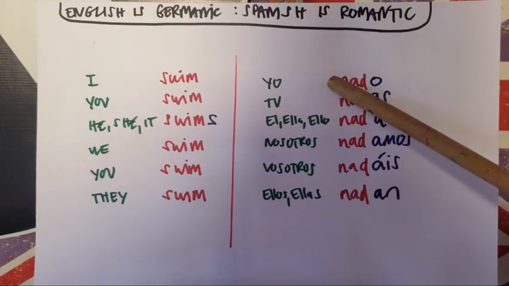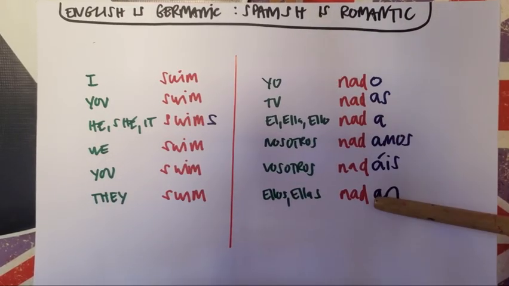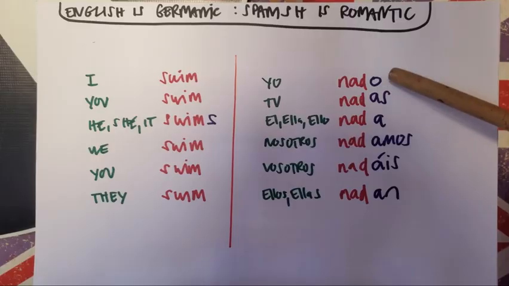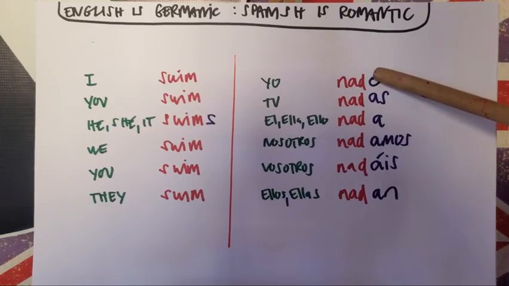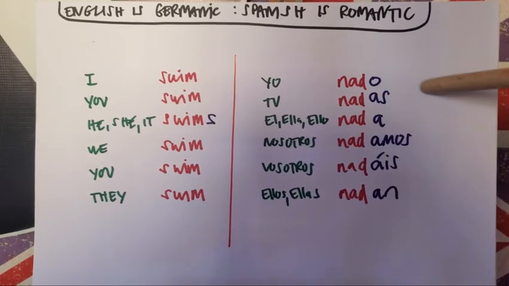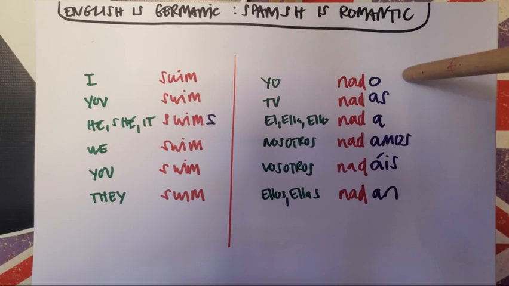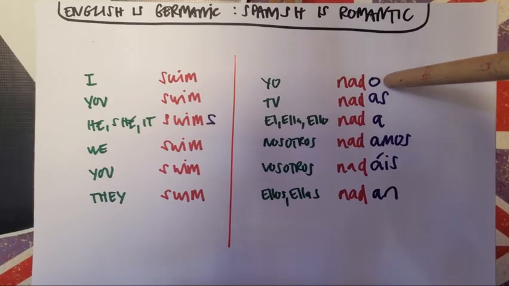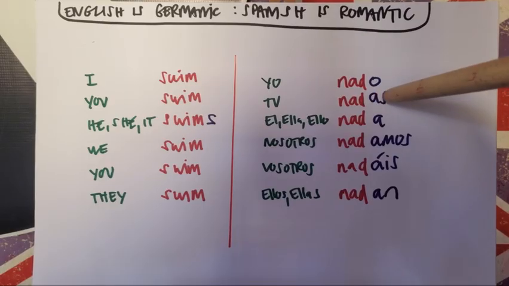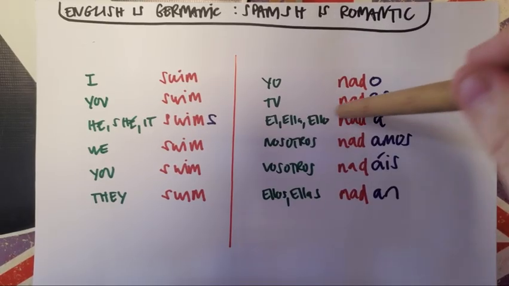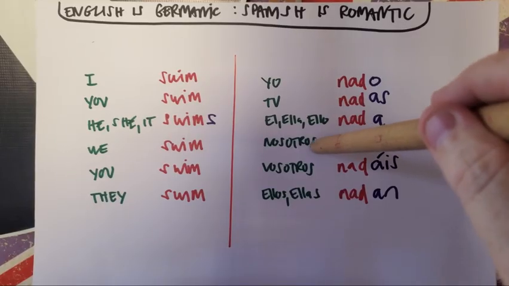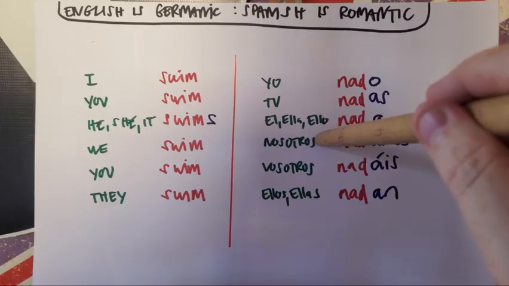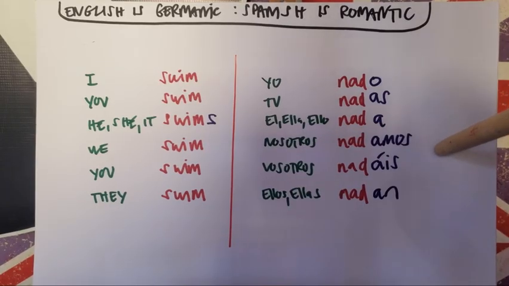Now in Spanish, every bit changes. Yo nado, nadas, nada, nadamos, nadáis, nadan. You see that? But this is a pattern, as I've explained. The first person, I, ends in an O. The you usually ends in an AS or an ES. The third person always ends in an A, and the first person plural, nosotros, we, ends in amos.